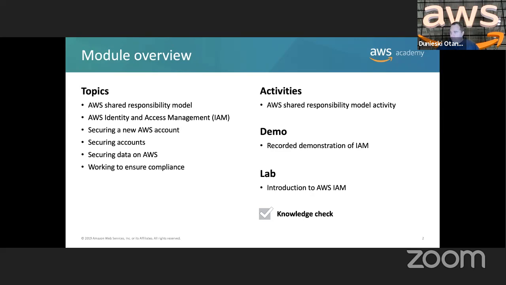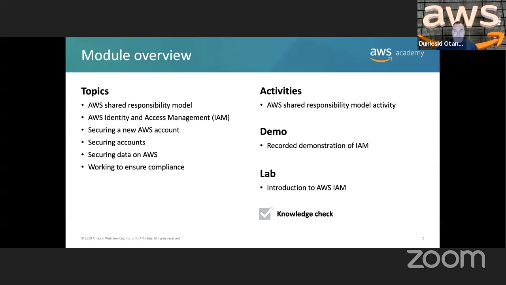Thank you. So topics: AWS Shared Responsibility Model, super important for the exam. AWS Identity and Access Management, IAM. You know, IAM is going to be with you forever. Securing a new AWS account, securing accounts, securing data on AWS, working to ensure compliance.